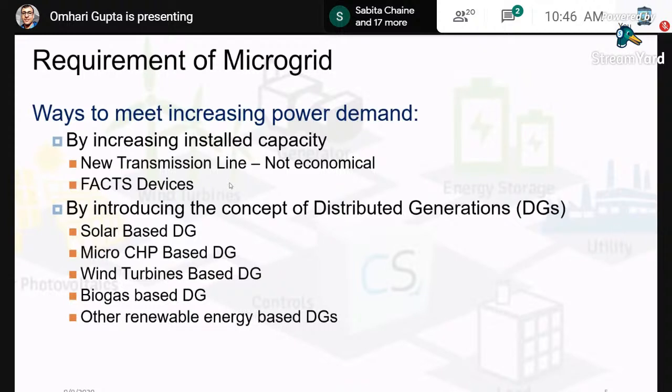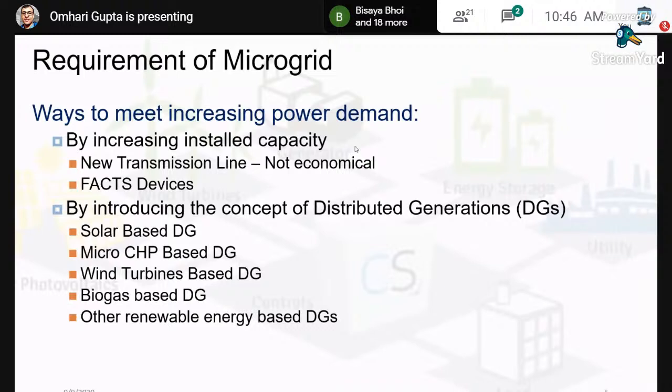There are several diesel generator based distributed generation as well. That was the earlier backup system. Okay. So out of these two concepts, one installing bulk power generation, another installing distributed generation, obviously, having distributed generations will give you more advantages. Why?